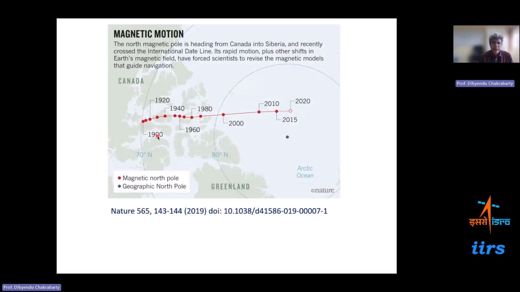If you look at 1900 to 2020, you see it has moved from Canada to Siberia, which is a huge movement. Even if you look at the dip equator, which is where India is and where we are living, there also you can see the dip equatorial movement. Of course, not to this extent, but there are movements seen over a 100-year time scale.